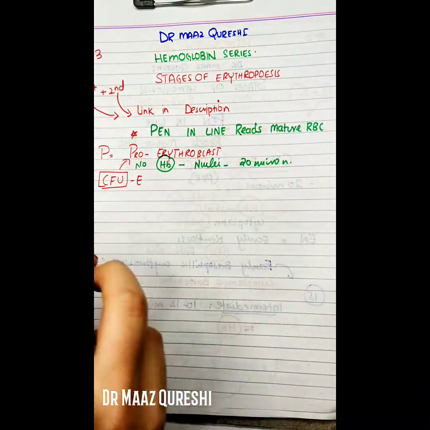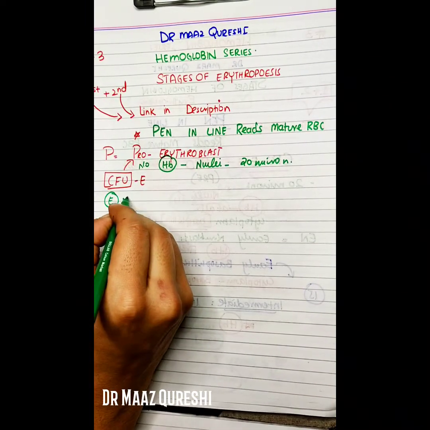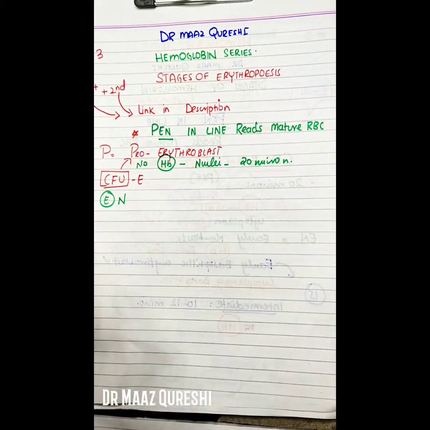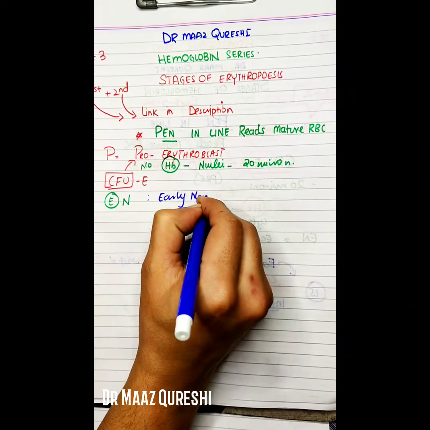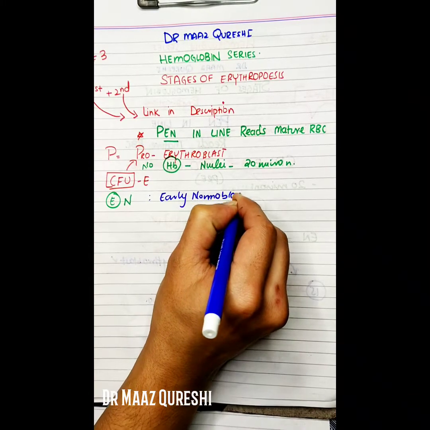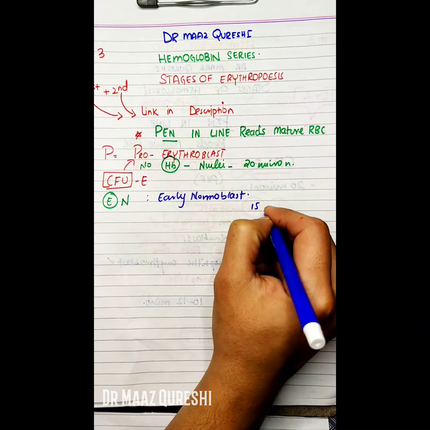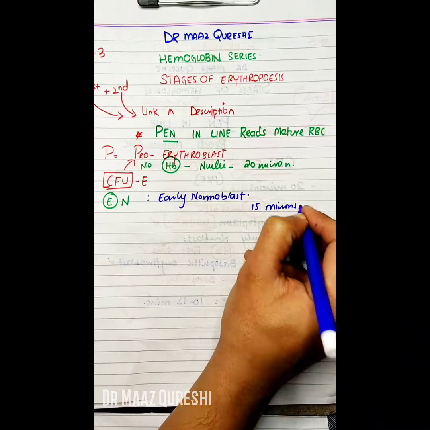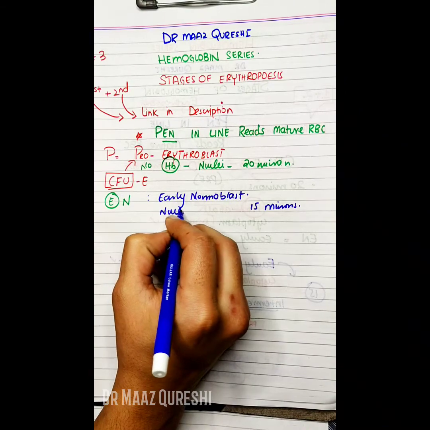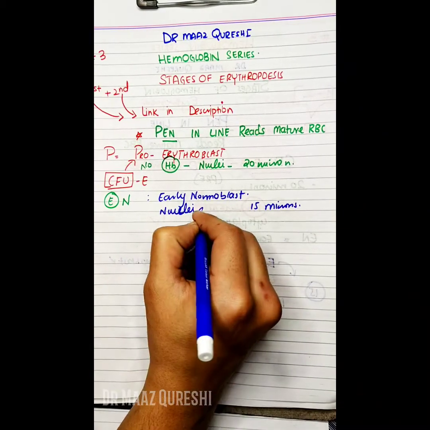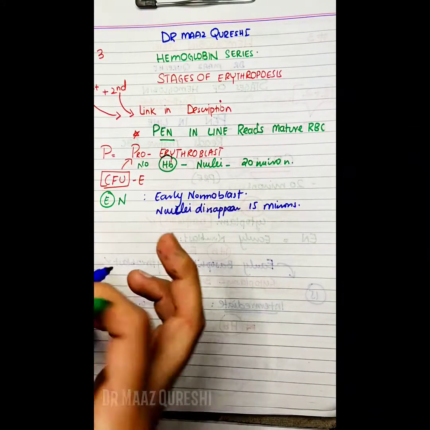Now after this comes EN, the early normoblast. Here the size decreases to 15 microns after the condensation. Here the nuclei disappear, so you won't see them in the early normoblast.